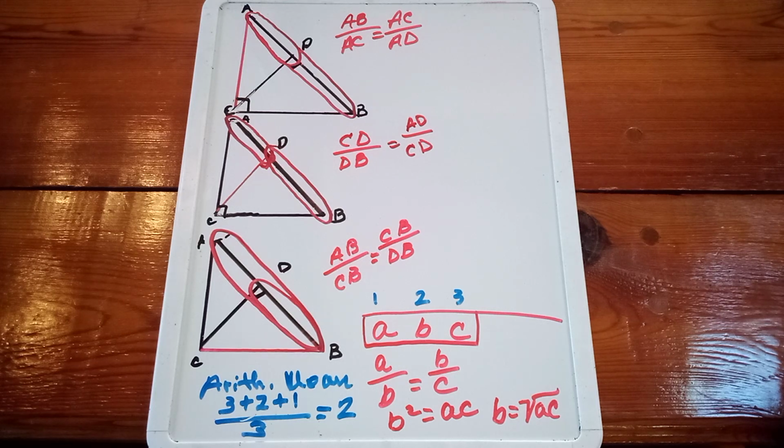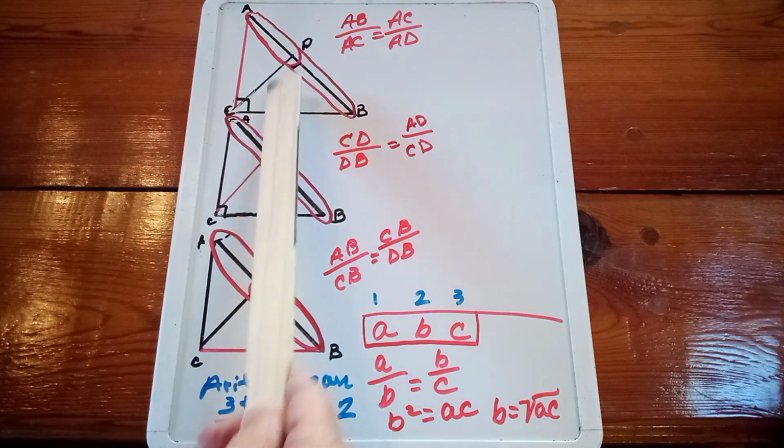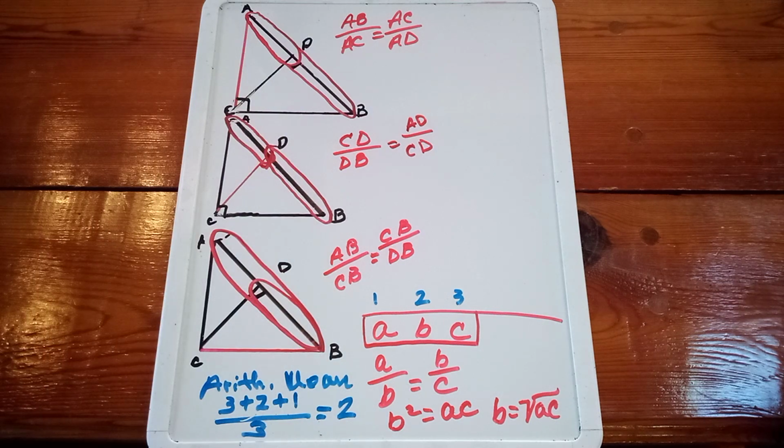So when dealing with geometric means, let's define it here to start. Geometric mean is the length of the altitude. That thing's an altitude, that thing's an altitude, that thing's an altitude. The length of the altitude to the hypotenuse of a right triangle.